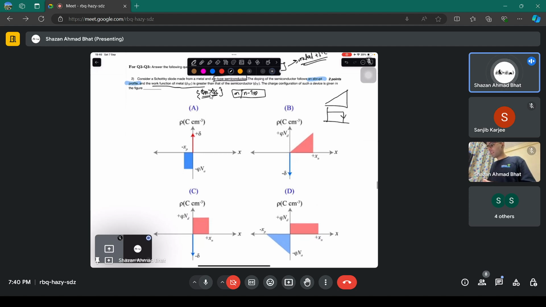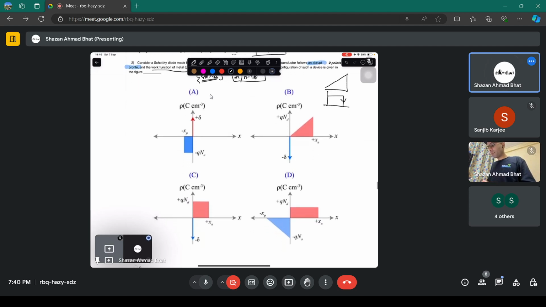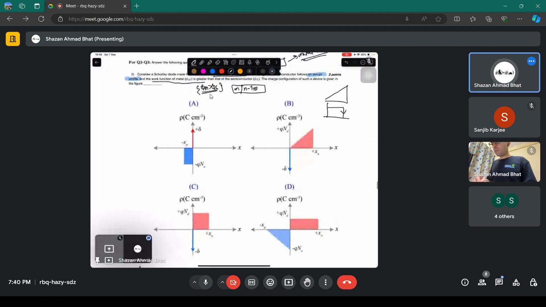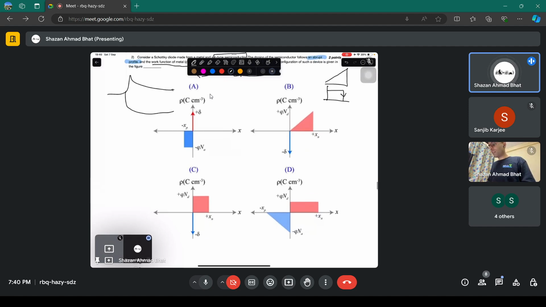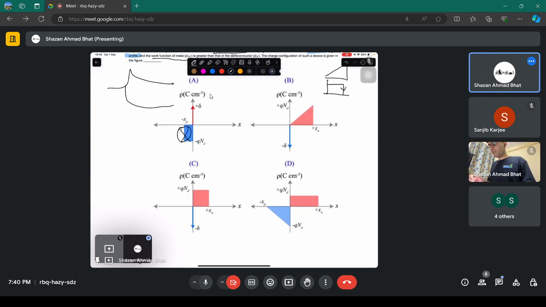The charge configuration of such a device is given by which figure? Now in equilibrium condition you have the Schottky barrier formed, and you know that on the metallic side you cannot have something like this. You cannot have spread-out immobile ions as a charge density.